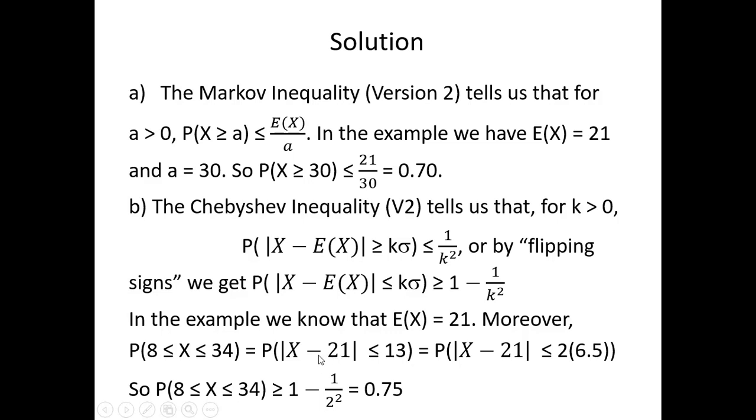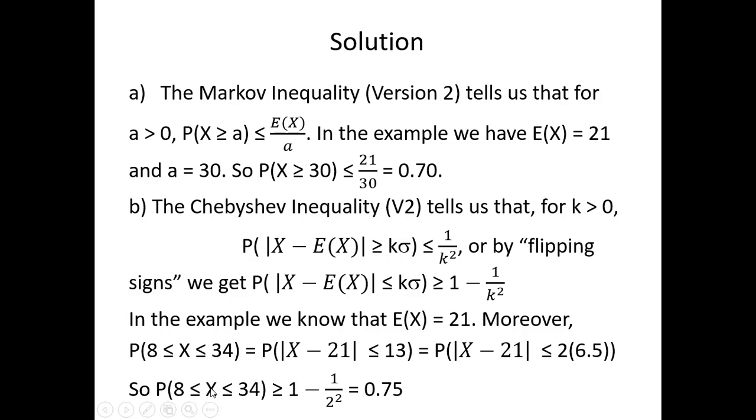You just take this out and expand it. You'll see we get that X is between 8 and 34. And now if we break down the 13 into some multiple of the standard deviation, you see we get 2 times 6.5. So our value of k is 2. Right, looking right here, sigma is 6.5. So k must be 2. That's how we get to 13.